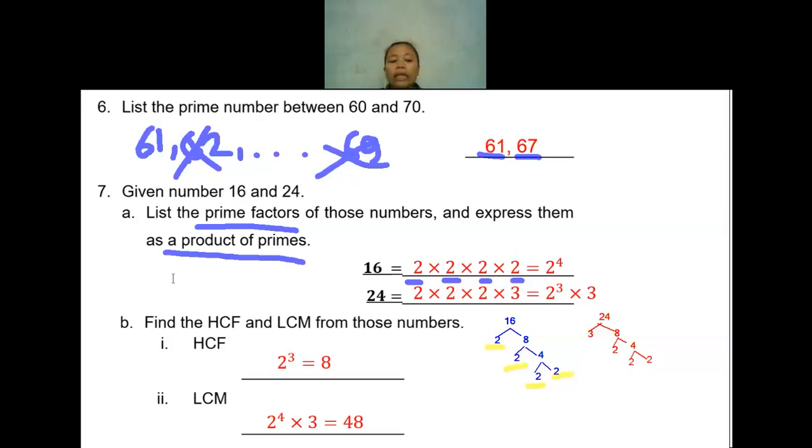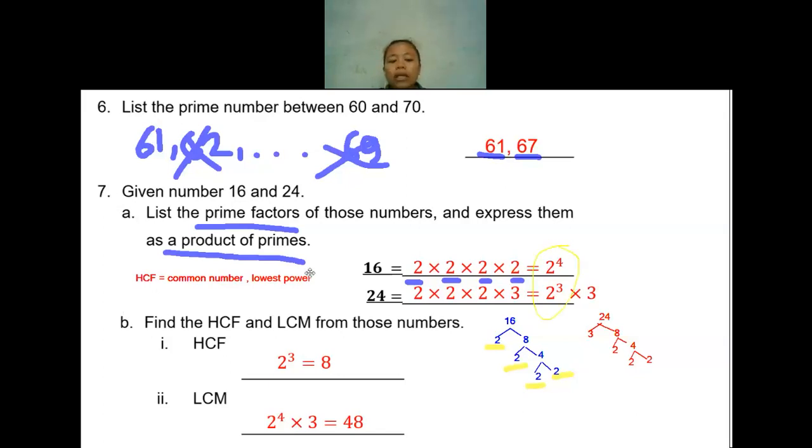If we are going to find the HCF, we have to take the common number with the lowest power or lowest index. Here we can see the common number that exists in the 16 and 24 is only number 2. 2 to the power of 4 and 2 to the power of 3.